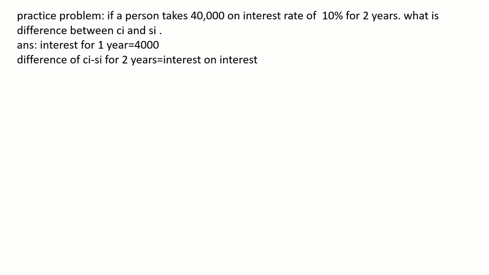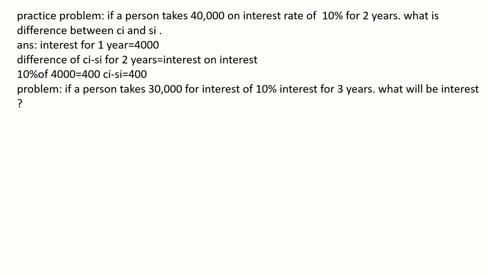This works for only 2 years. If he gives 3 years, this will not work. So for 2 years you can trust this. If you can calculate the interest on first year's interest, it will be a simple thing. First year's interest is 4000. So 10% on 4000 will be 400. The answer is 400.